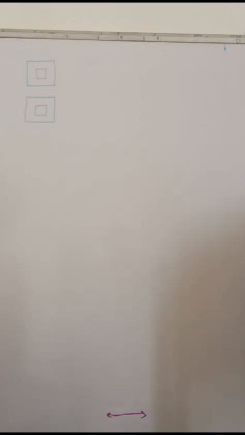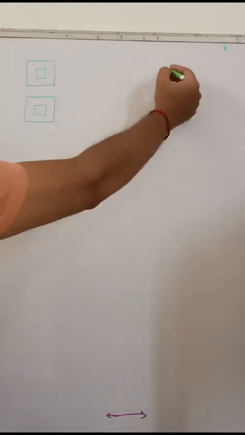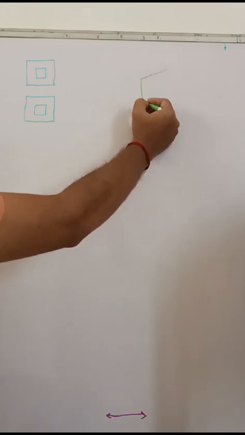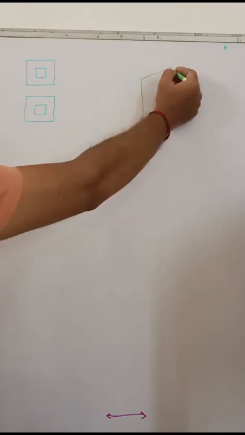So for this you should have knowledge of projection of planes, projection of lines. So for that, let's say we have this quadrant.